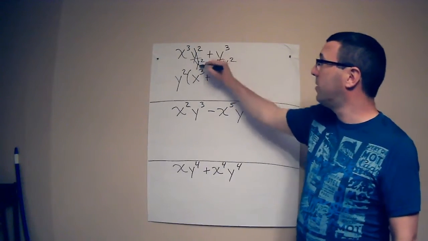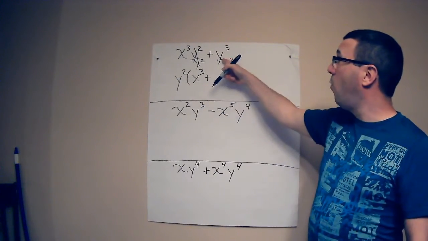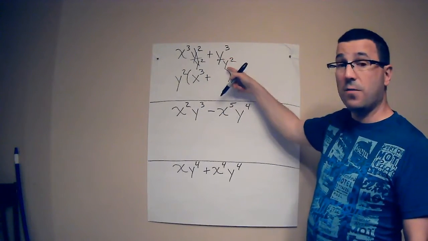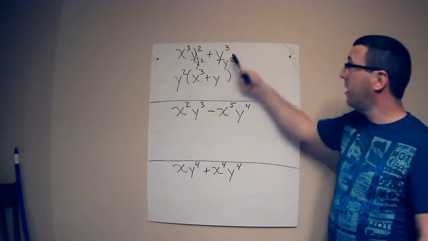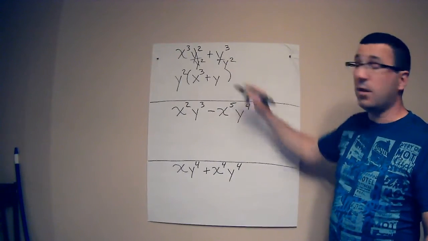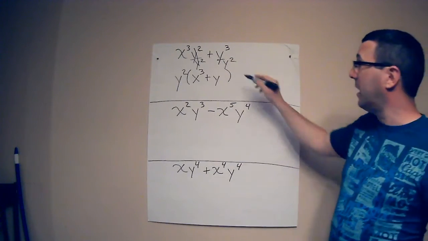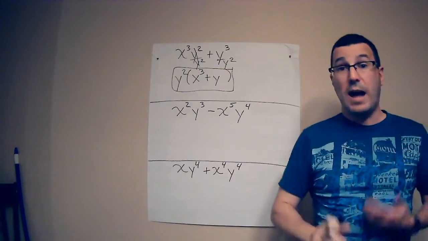These y squares cancel out, which is why I only have the x to the third there. Y to the third divided by y to the second. I'm going to put the y. 3 minus 2 is 1. So this is y to the 1. I don't need to put an exponent there. This is factored completely.